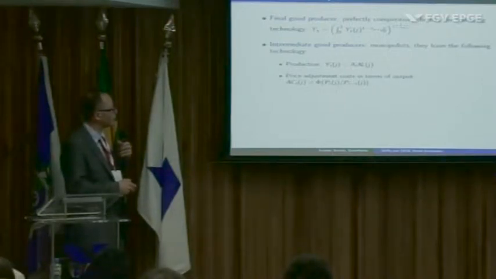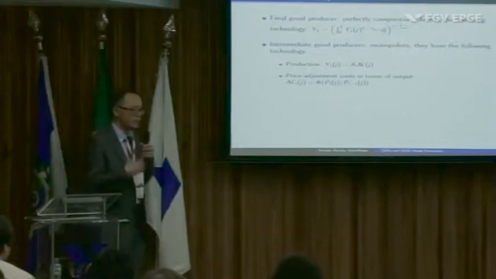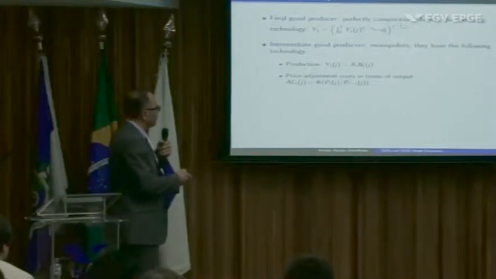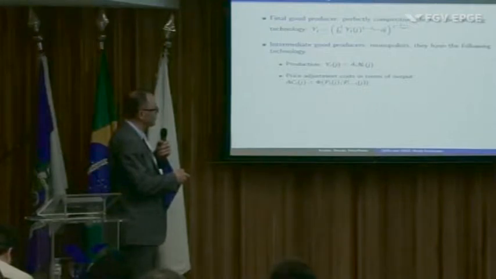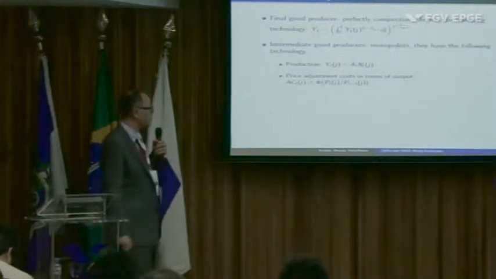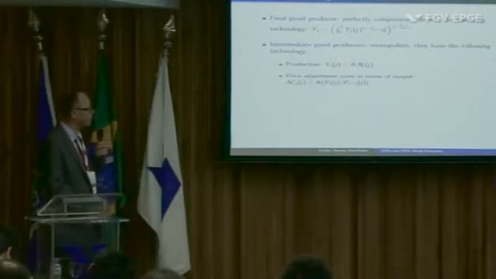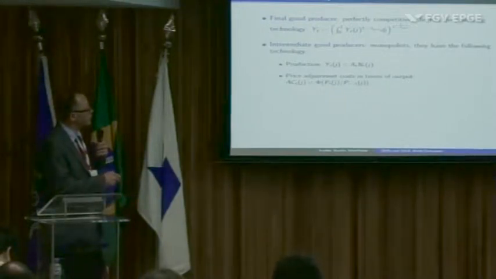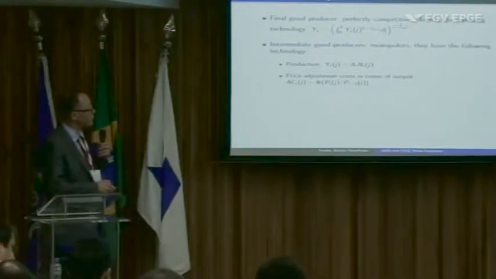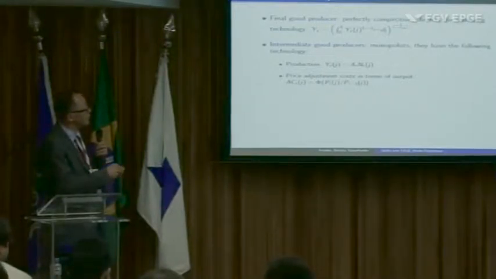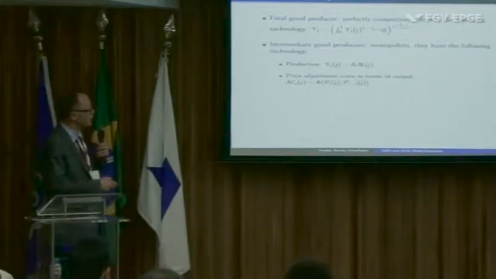The intermediate goods producers here just use labor as an input, and so they hire labor. The production is subject to this stochastically changing technology process. And we have these price adjustment costs, so these intermediate goods producers basically face a downward sloping demand curve that comes out of this aggregator here.